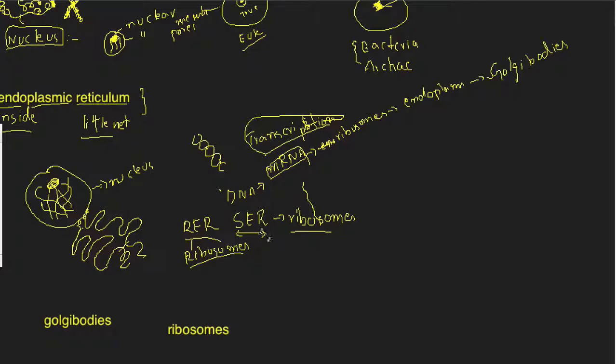There are three functions of the smooth endoplasmic reticulum. One function is that it is related to producing hormones such as steroids, which are produced in the ovaries or in the testes of male and female.